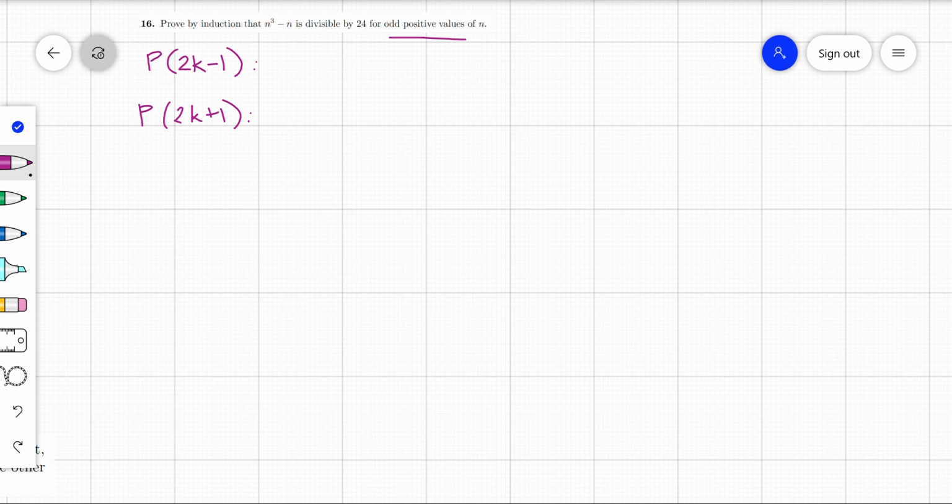So let's assume that P of 2k minus 1 is true. That means that for this odd integer, 2k minus 1, where k is an integer greater or equal to 1, we would have 2k minus 1 cubed minus (2k minus 1) equal to 24p, for some integer p.